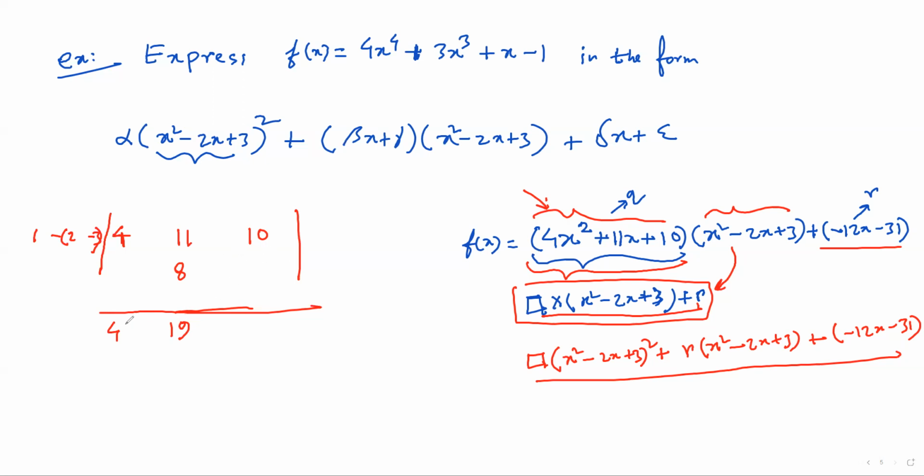So all we have to do is multiply 4 by minus 3 to write minus 12 in this second row, and do not multiply 19 by 2 because we stop here, and 10 minus 12 is actually minus 2. So the quotient comes from here, the remainder is here.